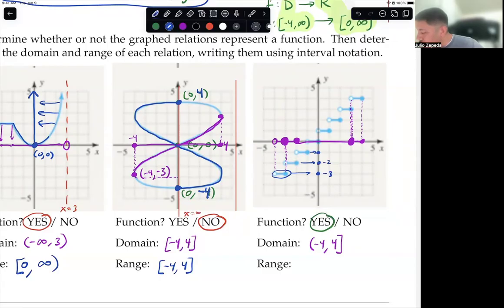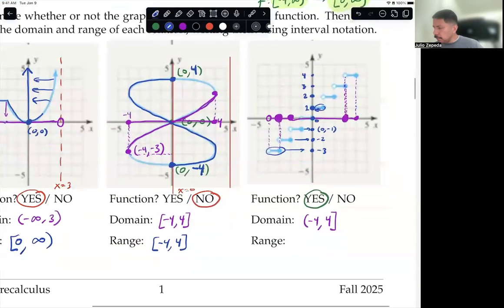This point here, the point is actually (0, -1), but the y value itself is -1. All of these would get mapped to the y-axis to give us a point here at 0, 1, 2, 3, and 4. We don't often see graphs like this, but they do exist.